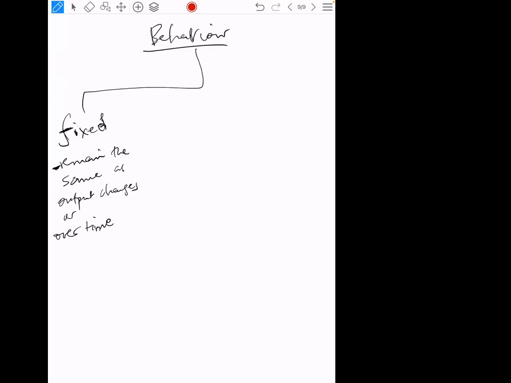Your rent, for instance, as an individual is a fixed cost, right? It doesn't change. But your cost for groceries can change depending on how many things you bought for that month. Then we have the variable cost. So this is the main distinction of our classification of cost according to their behavior.